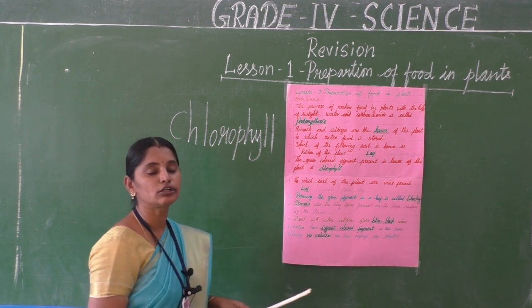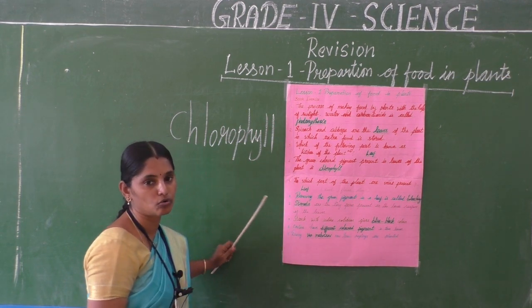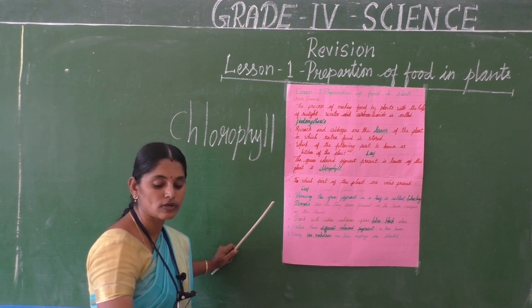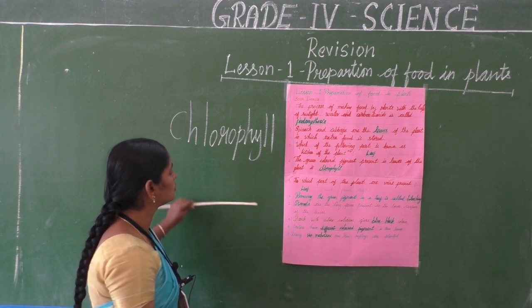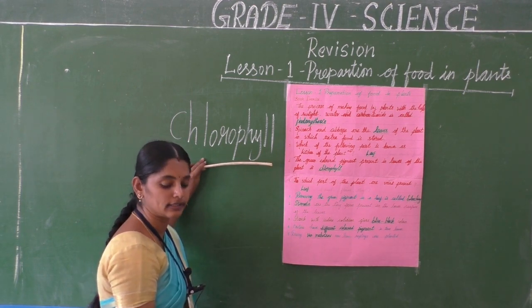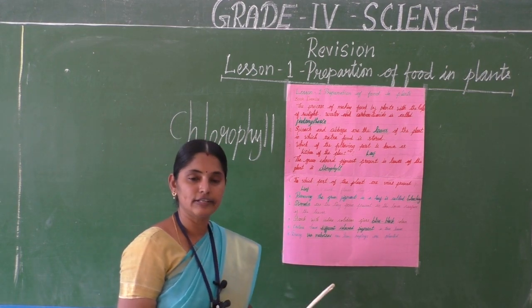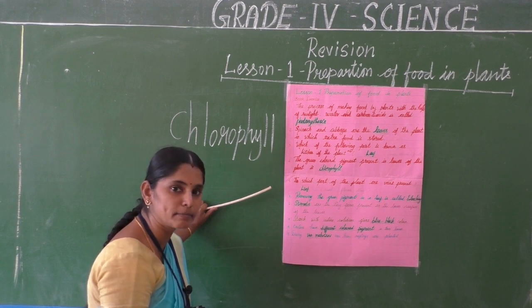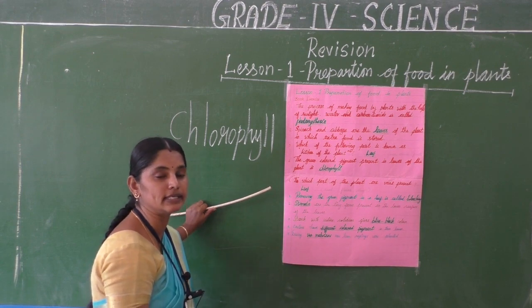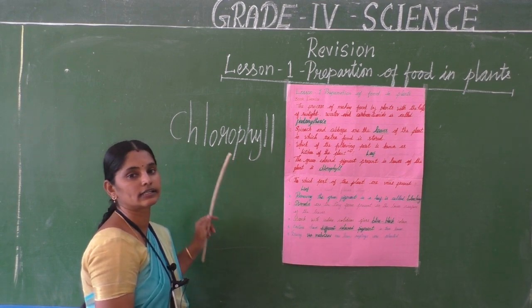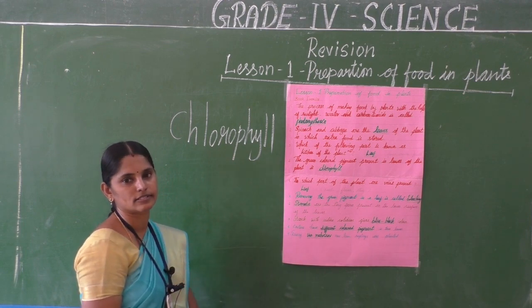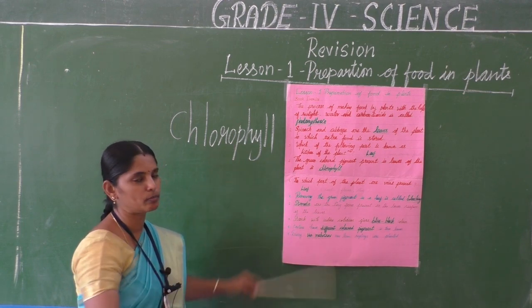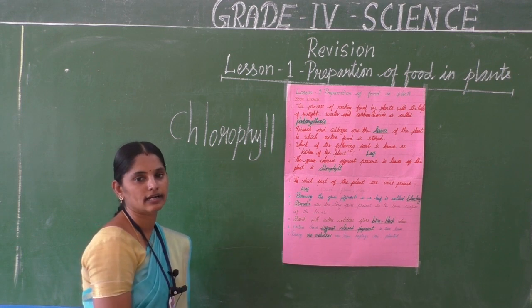Okay, because in your book there is no space, you simply write: the plant has green leaves because of the presence of chlorophyll. Chlorophyll is the pigment. Pigment is the color. It gives the green color to the plants, to the leaves. That's why the whole plant looks green in color.